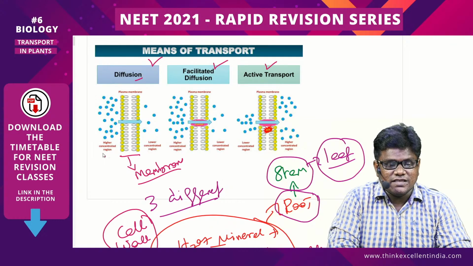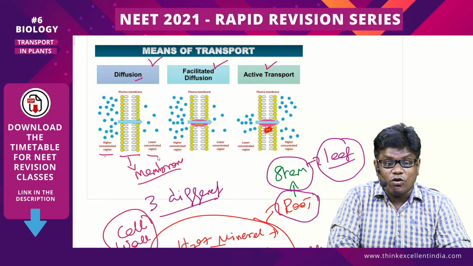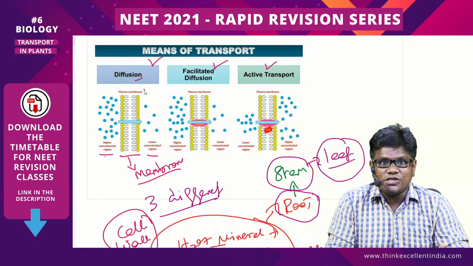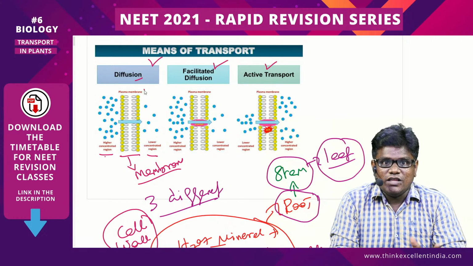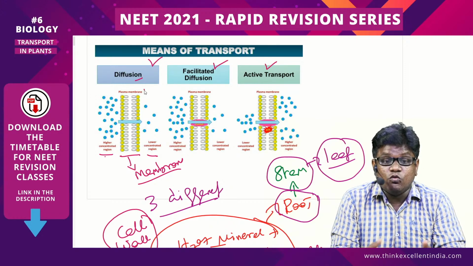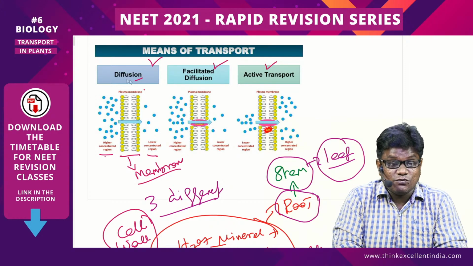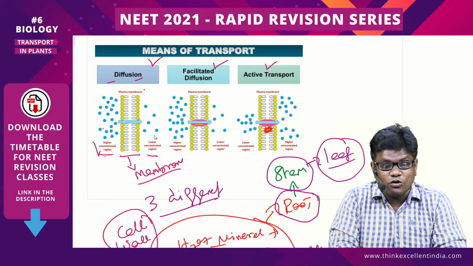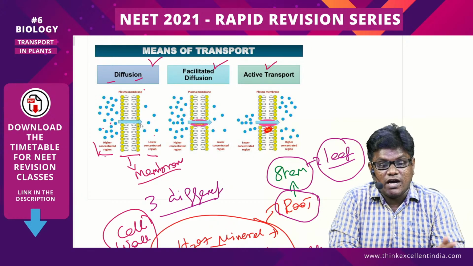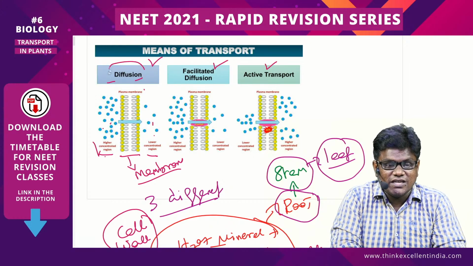And here you can see higher concentration to lower concentration, diffusion. Fusion means aggregated, okay? Diffusion means what? The closely related particles are getting separated and move to lower concentration. That is what diffusion is. The particles move from a higher to a lower concentration, where the diffusion process takes place inside plant cells.